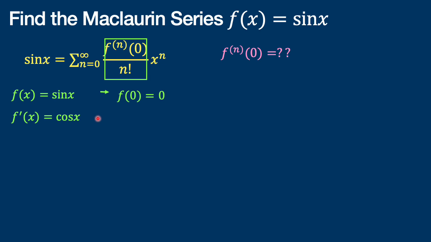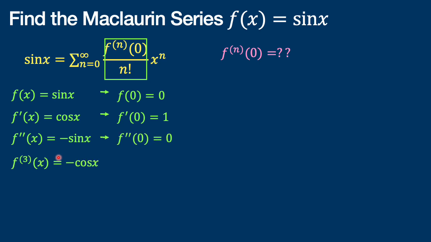When you plug in 0, cosine 0 is 1. The second derivative, the derivative of cosine, is negative sin x. The second derivative at 0 is 0 again. The third derivative is the derivative of negative sine, which is negative cosine. Then you plug in 0, so the third derivative at 0 is negative 1.